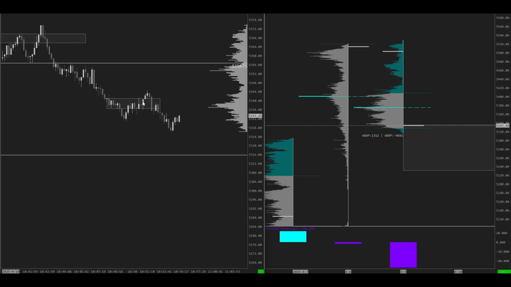Just like back here, they tested it, a little bit of a rejection, then they went above it and fell back down below. I have it on the snap, so let me see if I can get this back on here.